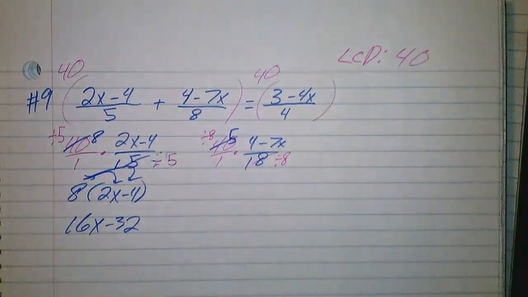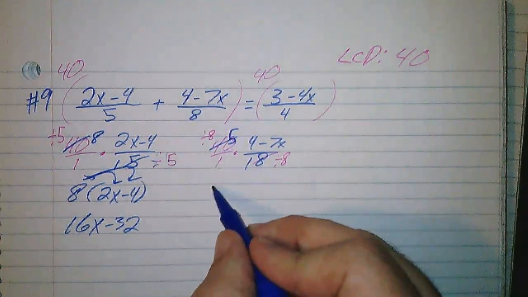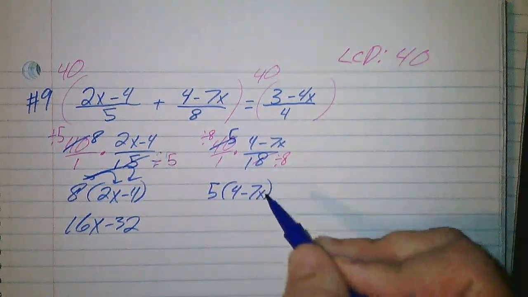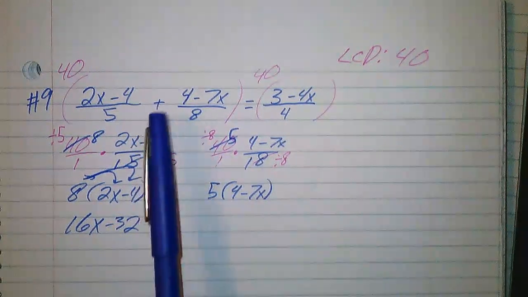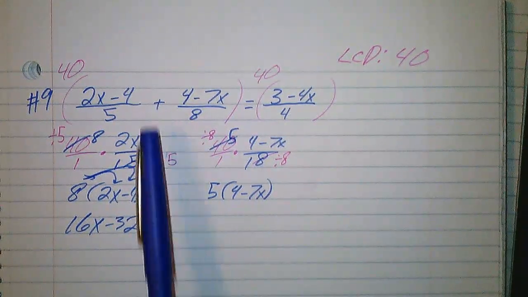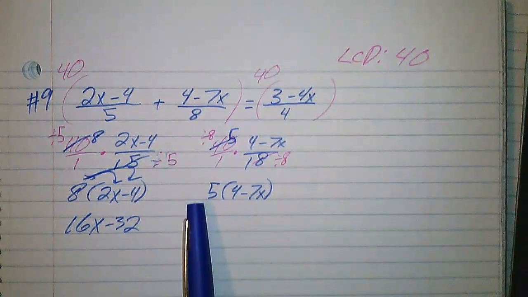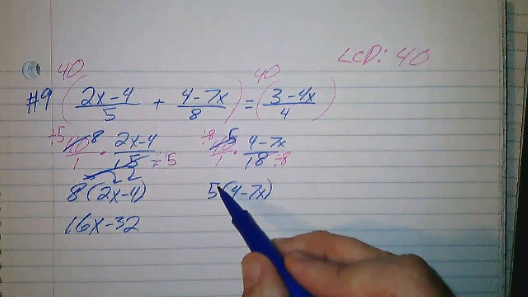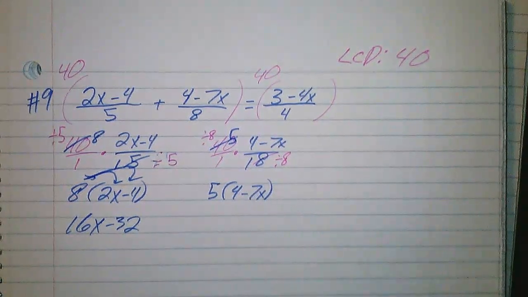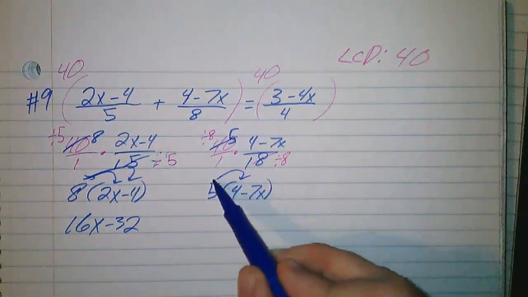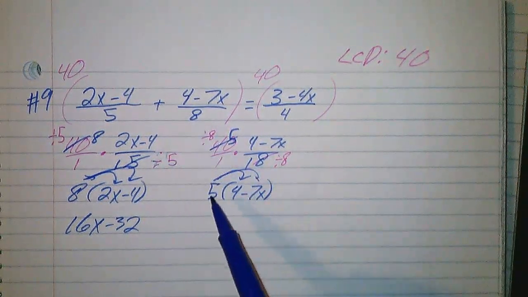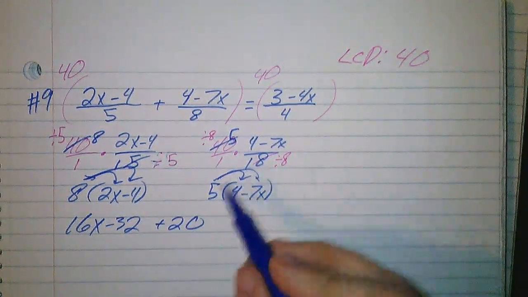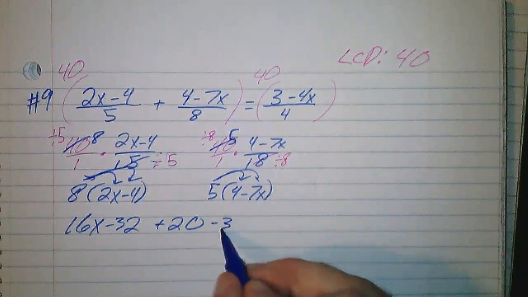So again, the denominators go away. We are left with 5 times 4 minus 7x. Now, if your question has a minus sign, think about it as, in this case, a negative 5, and distribute the negative along in this step. But here we have a plus sign, so it's a positive 5 times 4 to give us a plus 20. 5 times negative 7x is negative 35x.